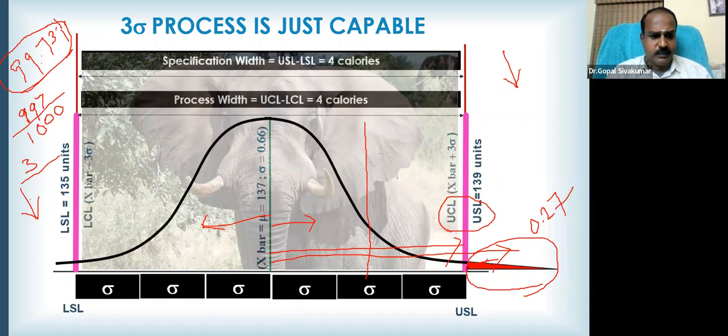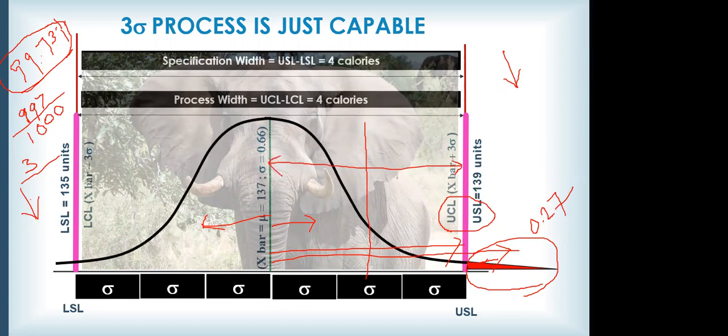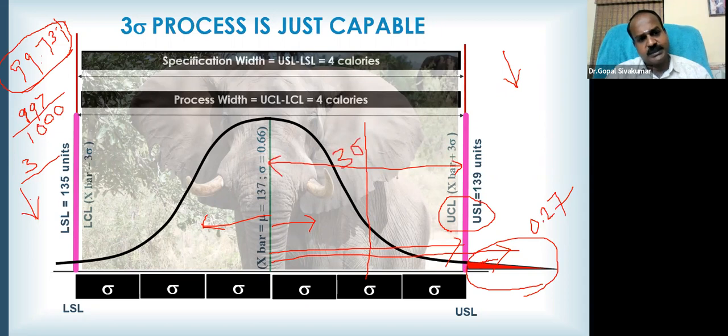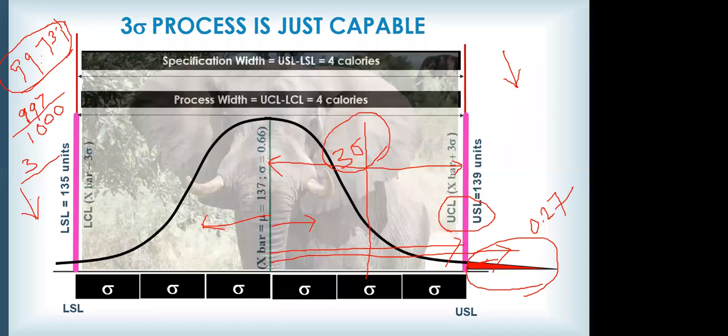And now tell me, when the control limit is overlapping with the specification limit, what is the distance between the process center and the nearest specification limit? Center is here, nearest specification limit is here. How much is this distance? 1 sigma, 2 sigma, 3 sigma. So you call the process a just capable process or a 3 sigma process.